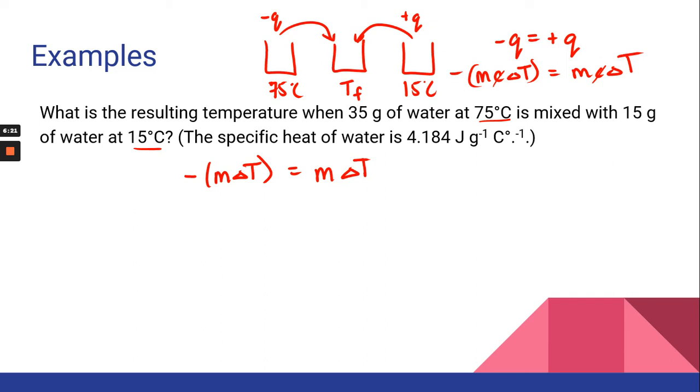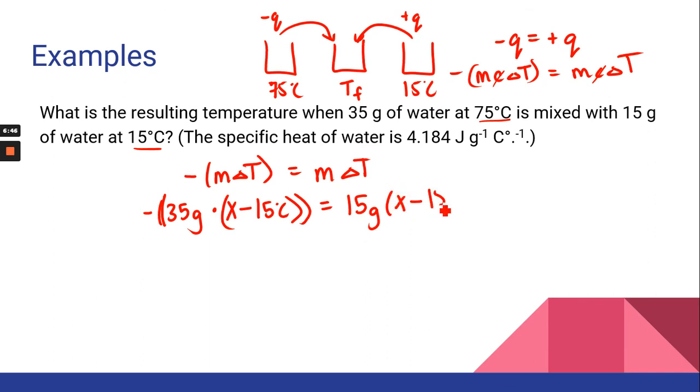Let's plug in our numbers. We have a mass of 35 grams, and we multiply it by the final temperature minus the initial temperature of 15. And that's going to equal a mass of 15 times the final temperature minus the initial temperature. And then we just need to solve for x.